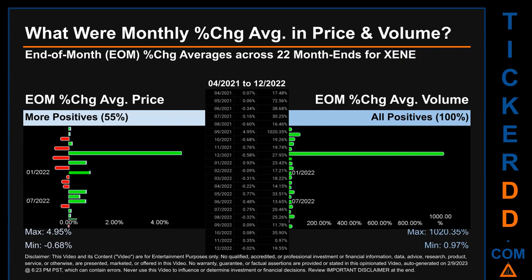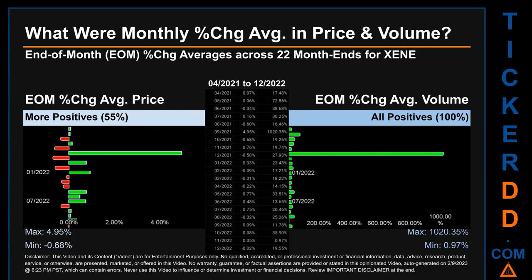From 04/2021 to 12/2022, 12 out of 22 month ends had a positive percentage change in average price. That is 55% of month ends saw a positive percentage change in average price. In terms of volume, 22 out of 22 month ends had a positive percentage change.